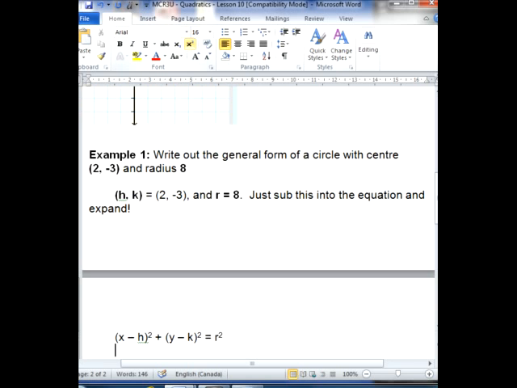So when you have an h value of 2, that's going to be x minus 2 squared. When you have a k of -3, that's going to be switched to be a plus, equals 8 squared. Okay, so that's not in standard form yet. We just entered our numbers in there.